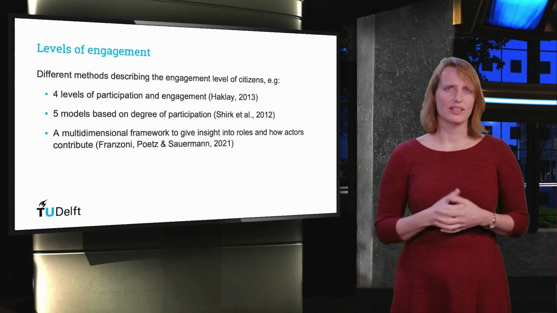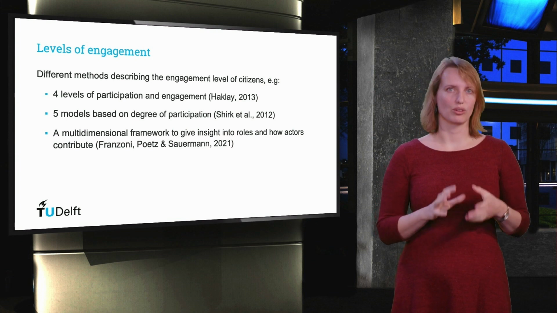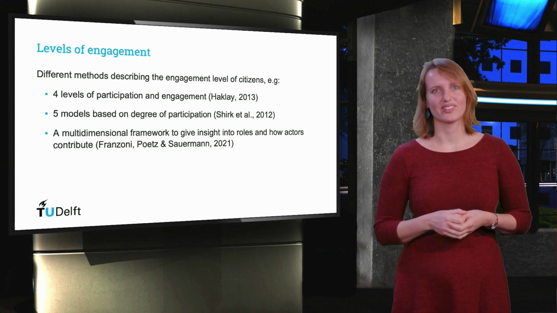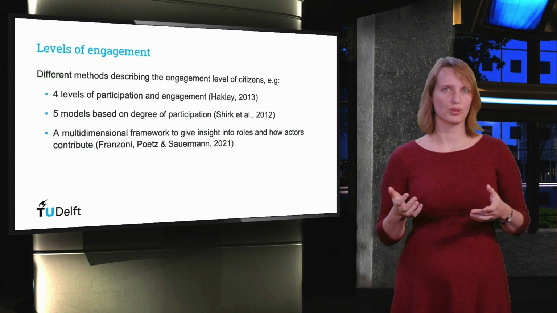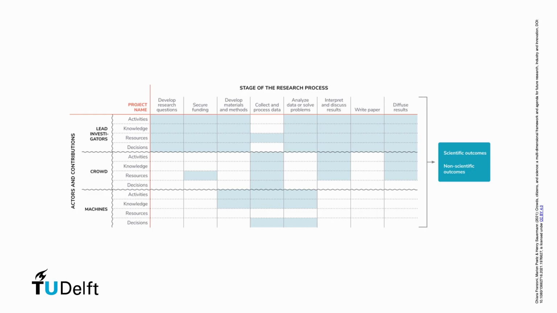And then finally, a multidimensional framework has been developed by Franzoni, Poetz, and Sauermann to give insight into roles and how actors contribute. The framework profiles projects with respect to 4 types of crowd contributions: activities, knowledge, resources, and decisions. This way they also accommodate machines and algorithms, which increasingly complement or replace professional and non-professional researchers as a third actor.